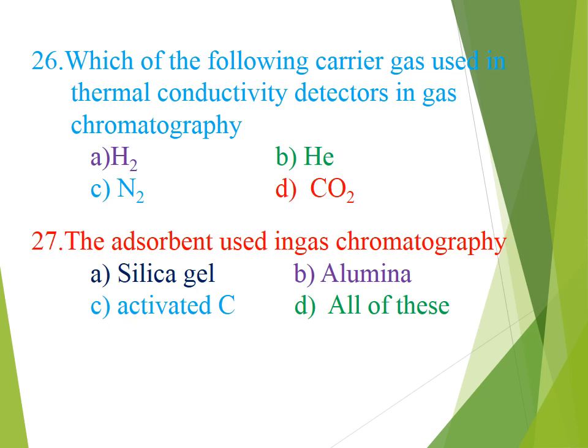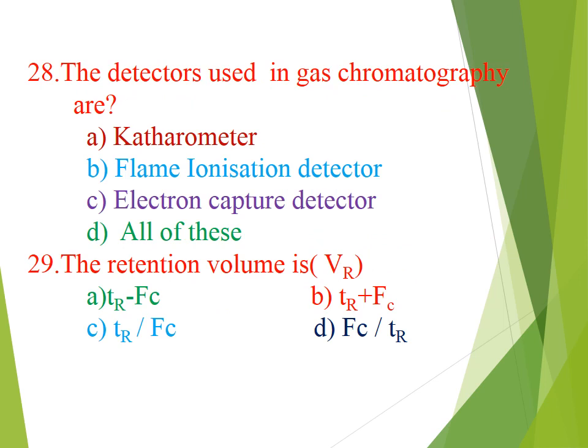27. The adsorbent used in gas chromatography: A. Silica gel, B. Alumina, C. Activated carbon, D. All of this. Option D is correct. 28. The detectors used in gas chromatography: A. Katharometer, B. Flame ionization detector, C. Electron capture detector, D. All of this.